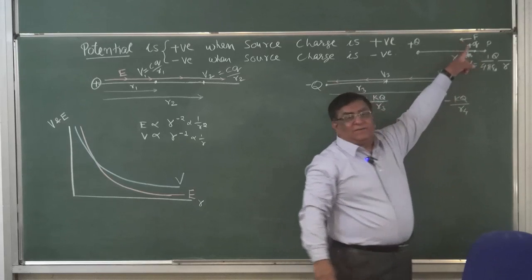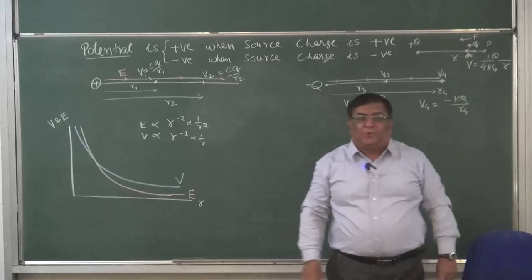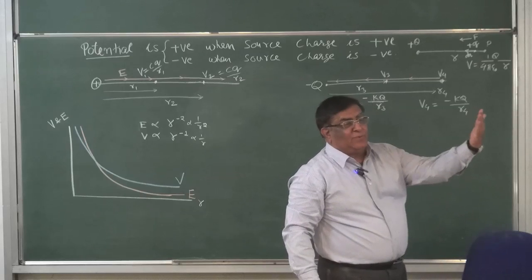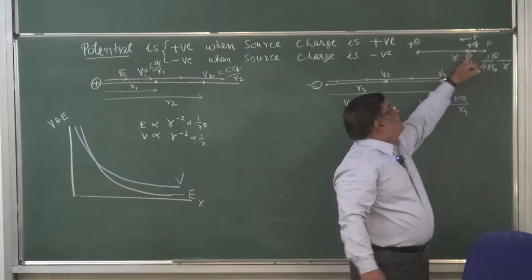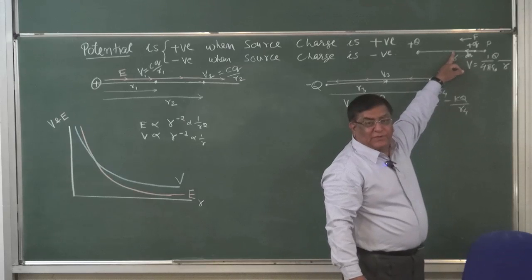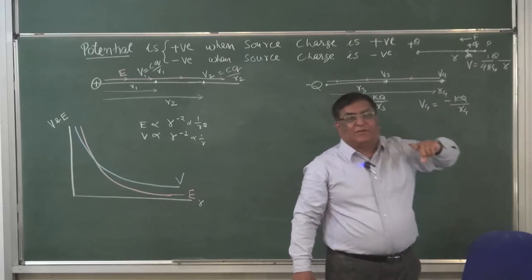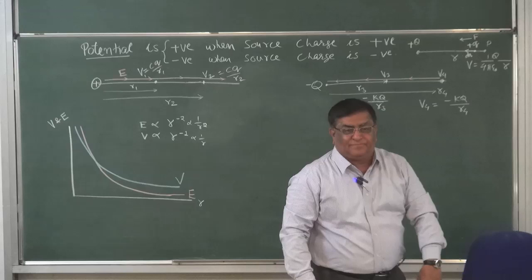Both directions are the same, so what type of work am I doing? Positive. I bring it here, 100 joule. I bring it here, 150 joule. So all these potentials are positive.